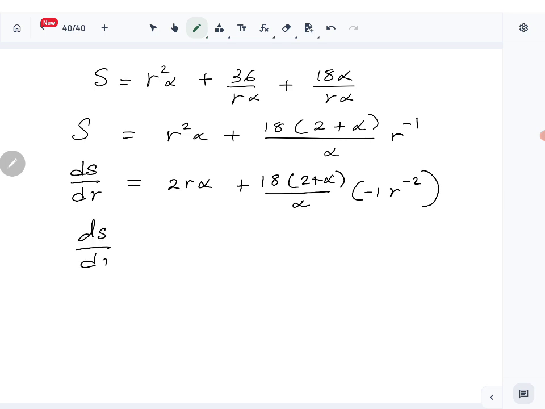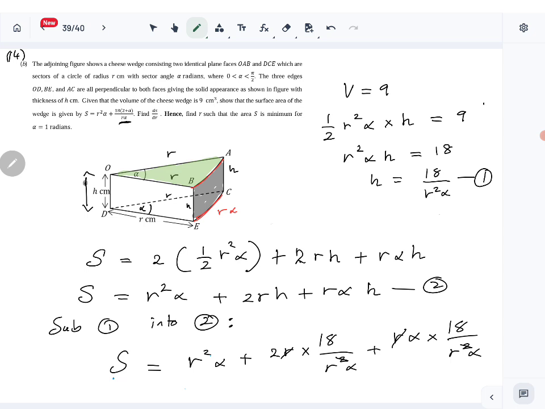So what is the derivative then? 2r alpha, 18 times 2 plus alpha, minus, no, minus sign is there, so minus alpha r squared, right? So that's the derivative. So what's next? Hence find r such that area S is a minimum for alpha equals 1 radian.